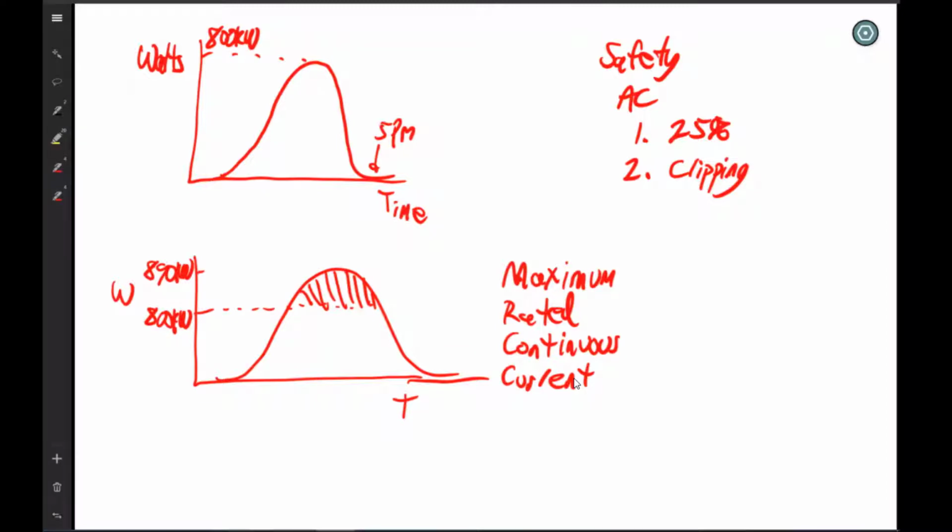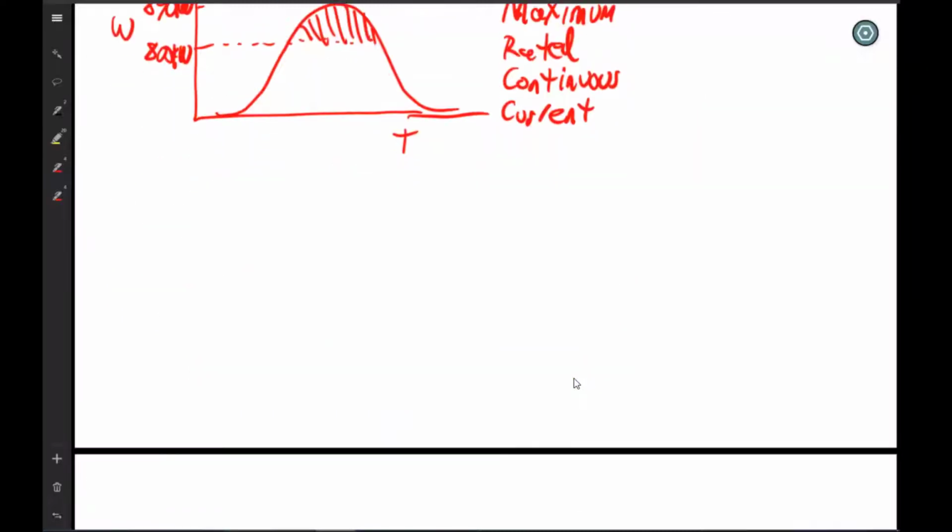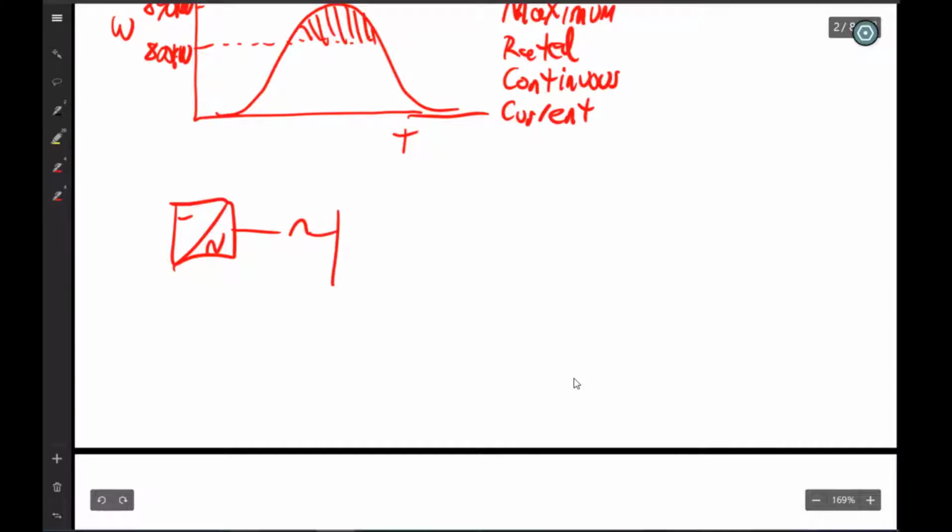Now, let's talk about voltage drop. Let's say we have inverters out here, and they combine into an AC panel. And then we have others down here, and they combine into an AC panel.